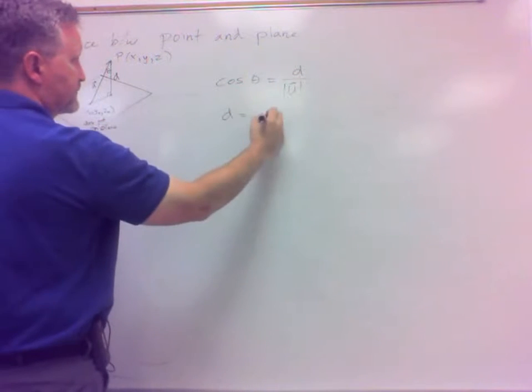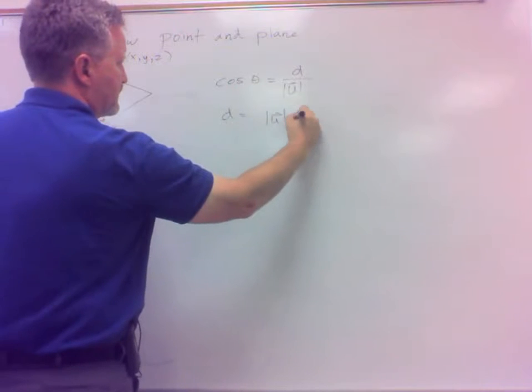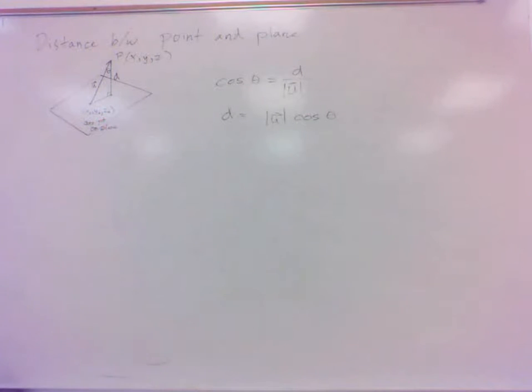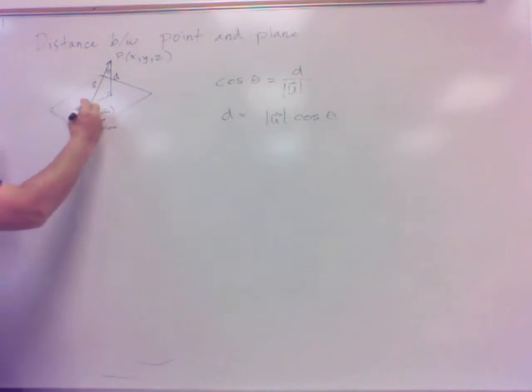And so the distance would be the magnitude of u times the cosine of theta in this case. Obviously we know here d is going to be parallel to the normal vector.